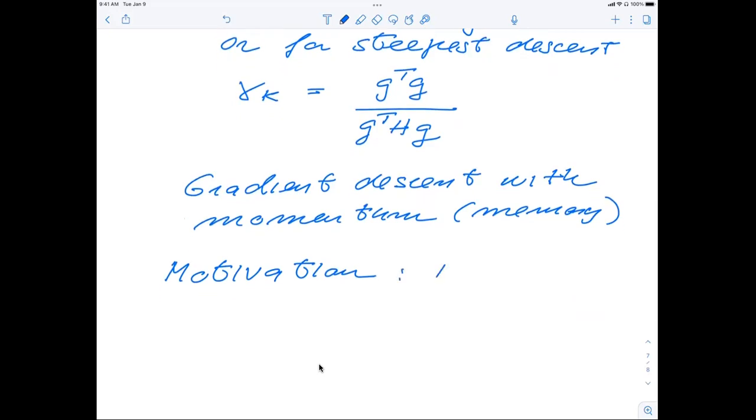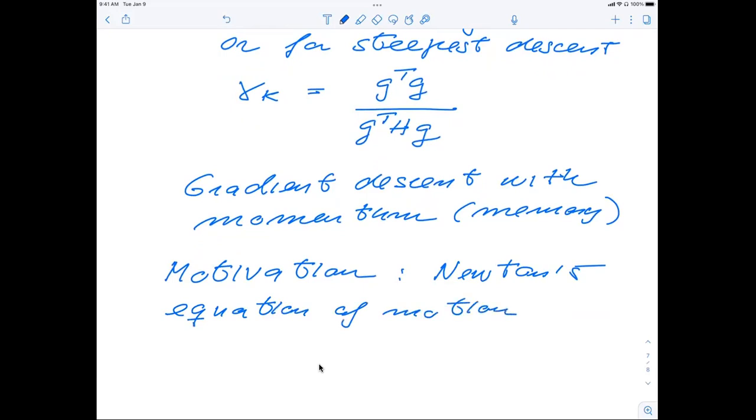So this starts with Newton's equation of motion, which I assume that many of you are pretty familiar with, for a particle, which now is under the influence of a drag force, or you can think of a friction term, which is velocity dependent, and an external force.